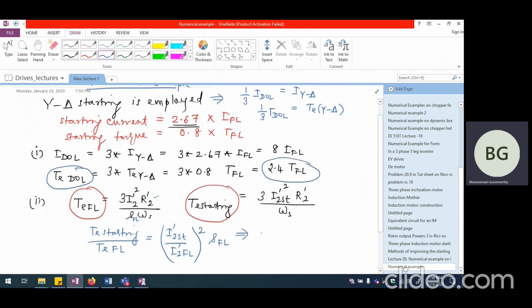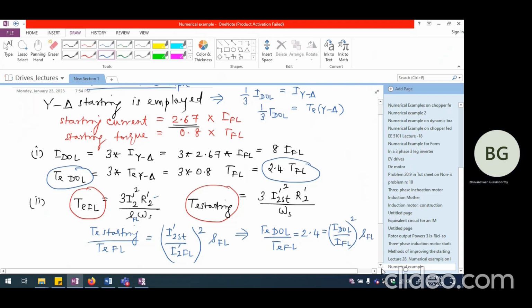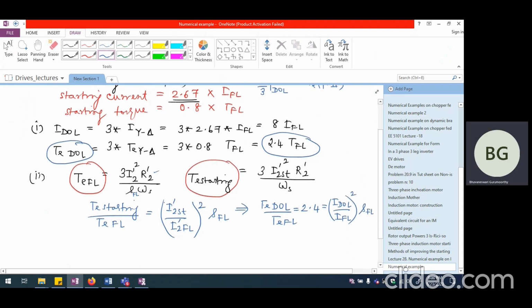So I should say T starting divided by TE full load, that is going to be 2.4, which is equal to I DOL divided by I full load, the whole square, multiplied by S full load. So I should be able to write this as the torque is 2.4 times, whereas the current is 8 times.